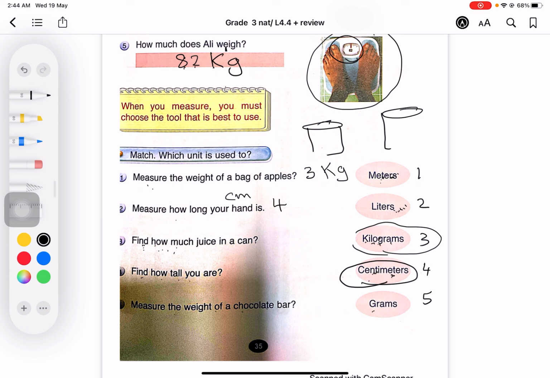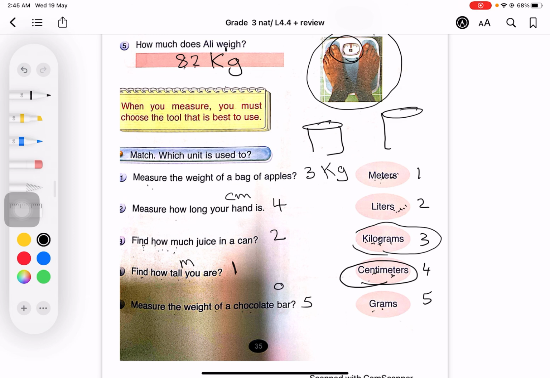Let me answer the questions again. Measure the weight of the bag of apples, kilograms. Kilograms is question number 3. Measure how long your hand is. It's short, so it is centimeters. Find how much juice in a can.